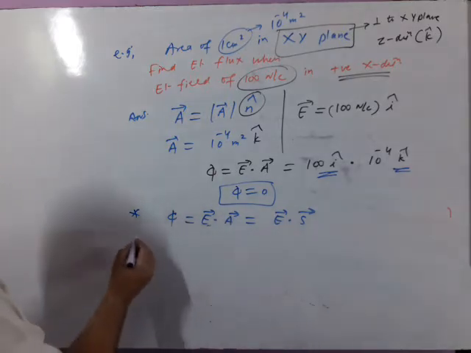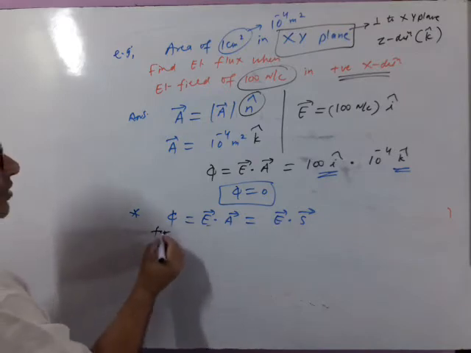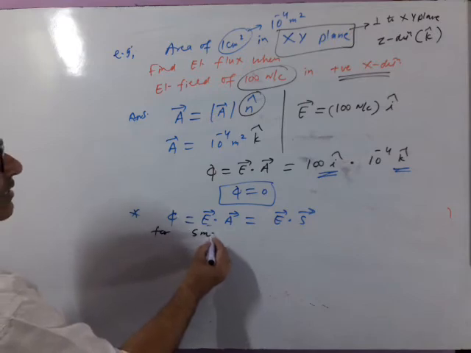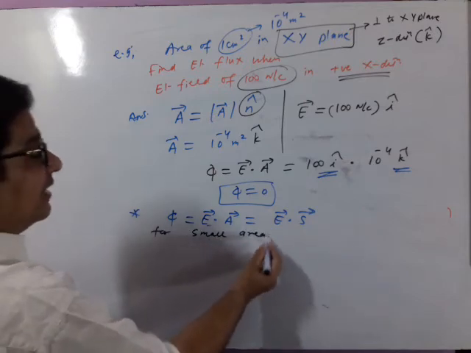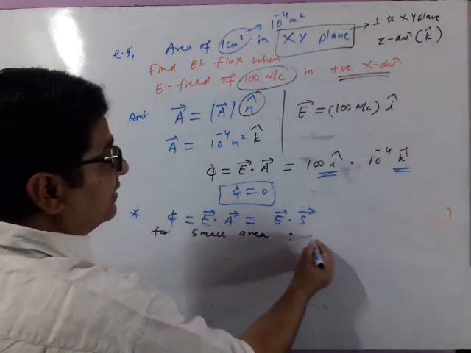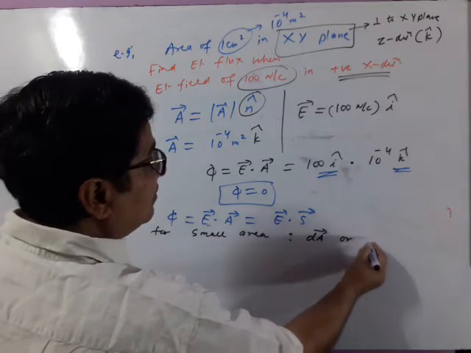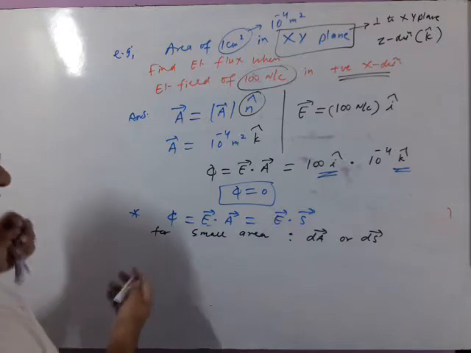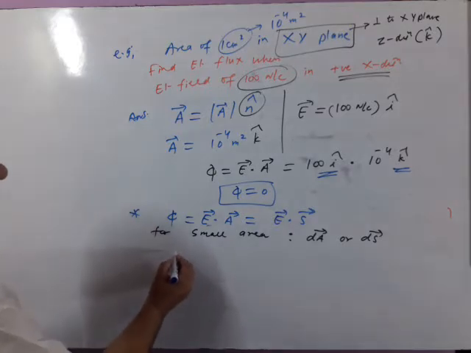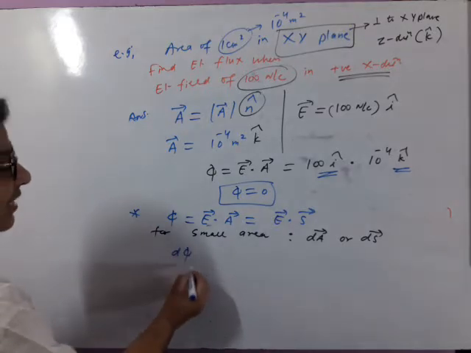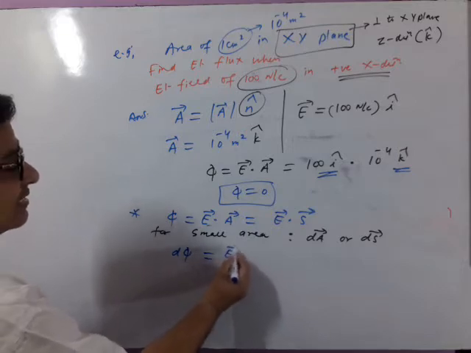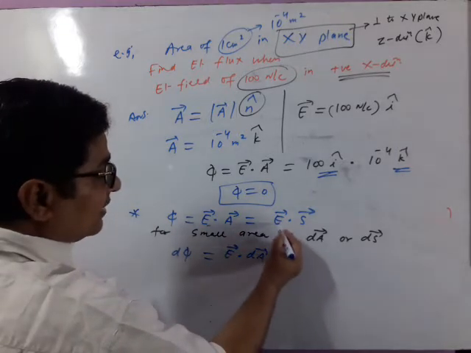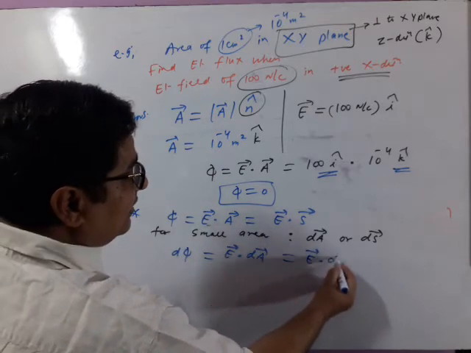Now for continuous geometry, for a bigger area, you will take a small area, written as dA vector or dS vector. Then for the small area, there will be a small flux d phi, which can be written as E vector dot dA vector, or as E vector dot dS vector.